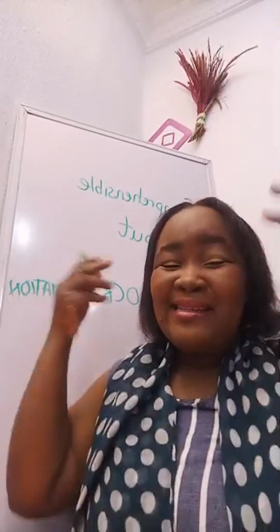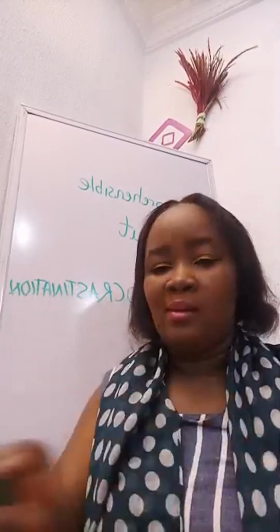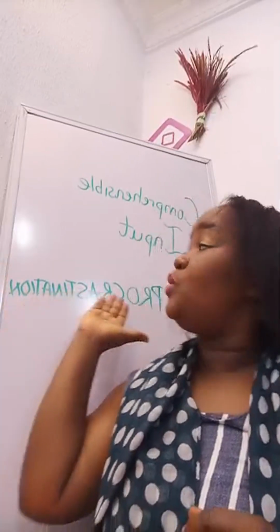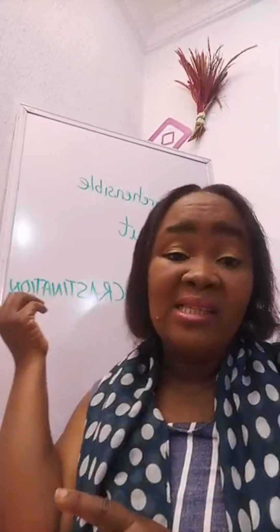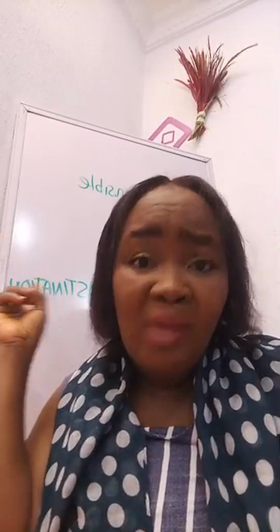Then you cram it. Procrastination is the act of moving things, and then you are expecting that you will be able to use it in a conversation. You might cram the word and memorize the word from morning till night.